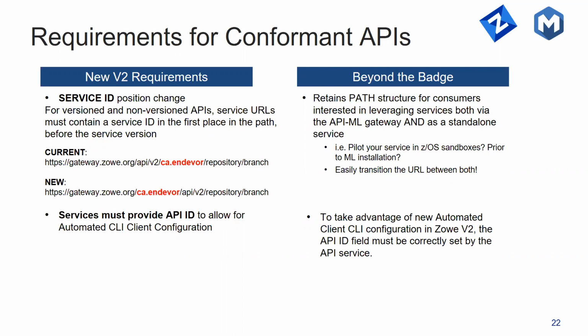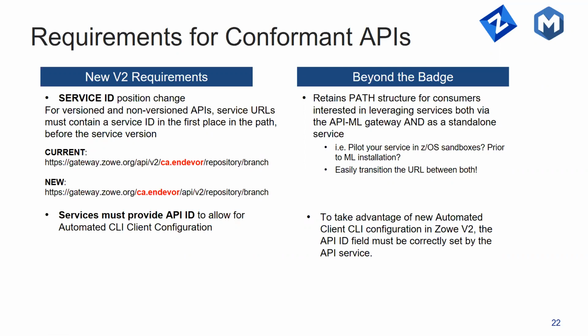The reason for that is that it's a critical part of the new automated client CLI configuration that Mike touched on earlier. That's a great new feature, and in order to leverage it, you do need to make sure that you have this API ID configured and correctly set.